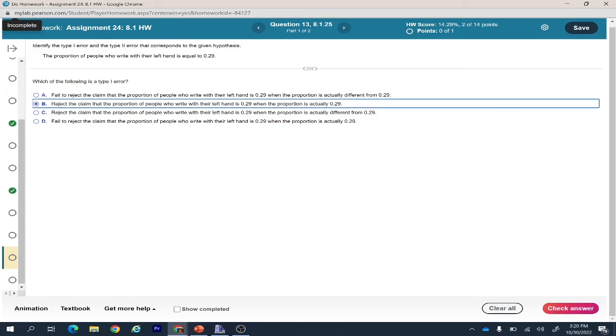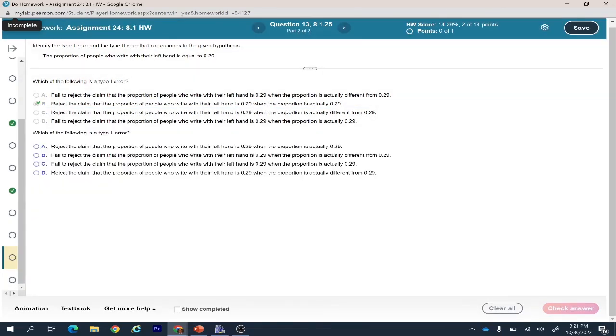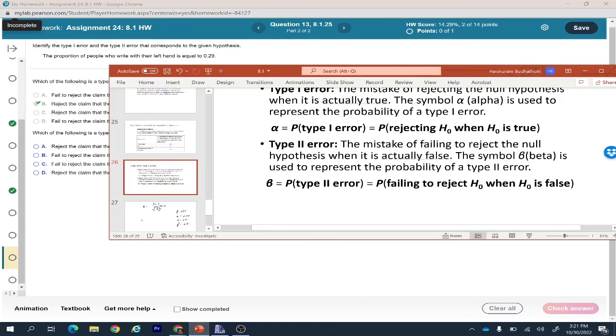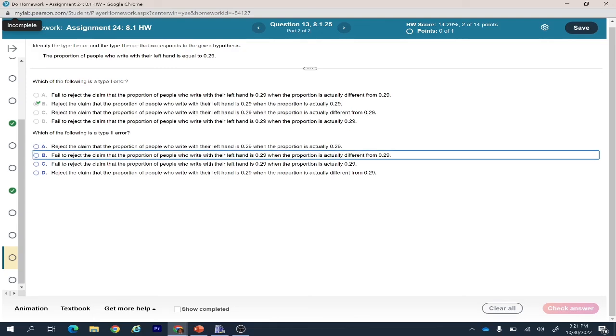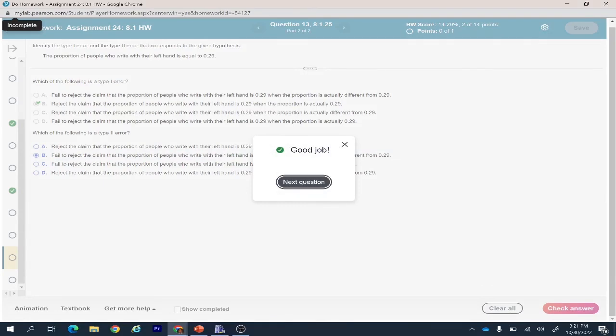That's a type 1 error. Type 2 is failing to reject the null hypothesis when it is actually false. So failing to reject the claim that the proportion of people who write with their left hand is 0.29 when the proportion is actually different from 0.29. That's a type 2 error.